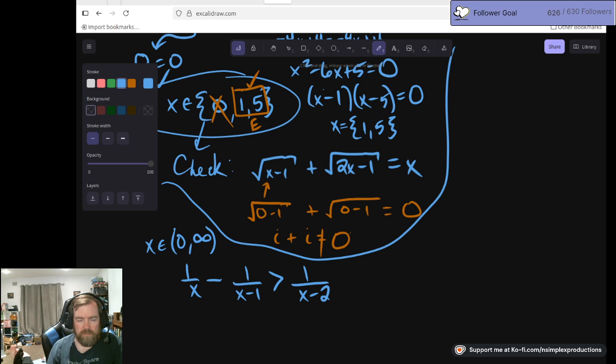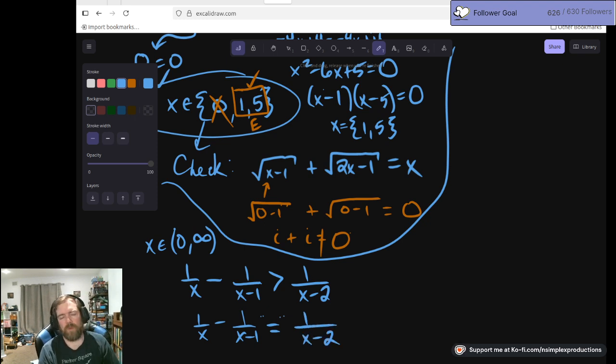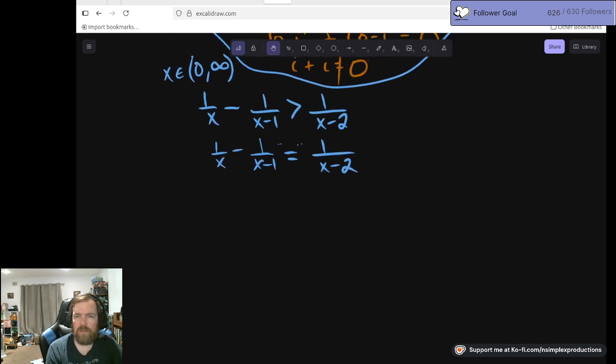So if we go through this and say, hey, I want to treat this as if it were an equation, we could put an asterisk on it. We can put quotes around it because it's not actually equal, but we could pretend.